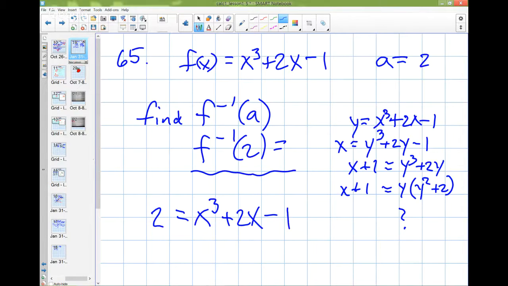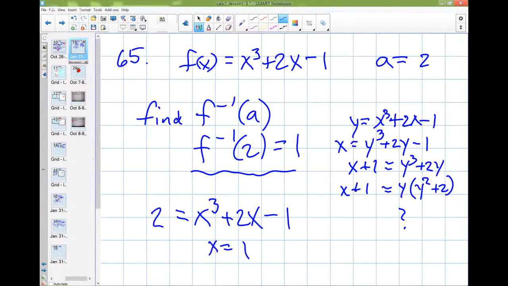can you tell me what x is? And you can just figure that out in your head. What number for x would make this work? Can you see that's x equals 1? So f inverse of 2 is 1. Why? Because 1 cubed is 1, 1 plus 2 is 3, 3 minus 1 is 2.